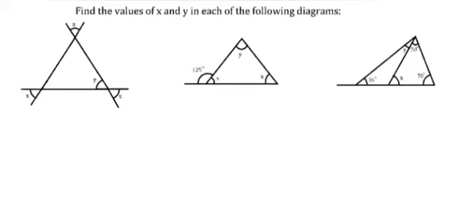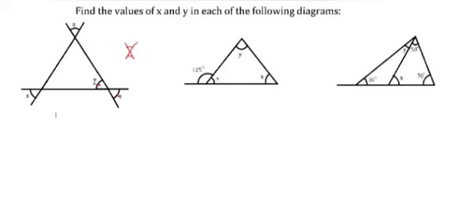We have our next question. Here we need to find out the values of x and y. Now here you can see that x and y are vertically opposite angles. When two lines intersect each other, then the opposite angles are vertically opposite angles and they are equal.